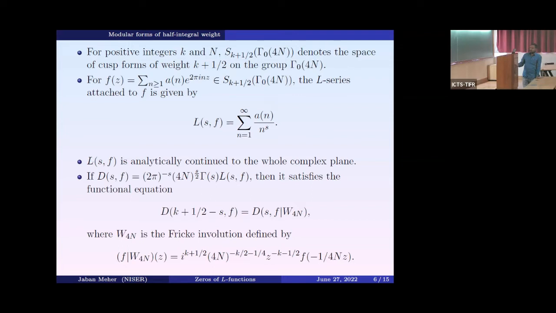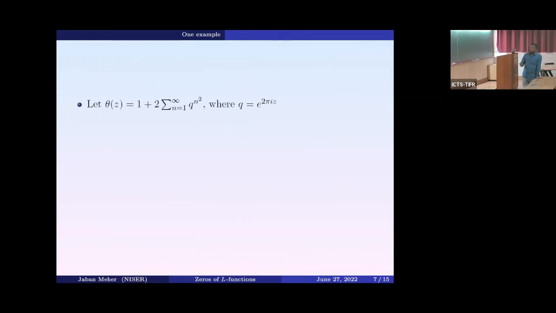F is a half integral weight modular form, so again F slash W_{4N} is also a half integral weight modular form. If F is a cusp form, then this is also a cusp form. So this is what we have for this L function.